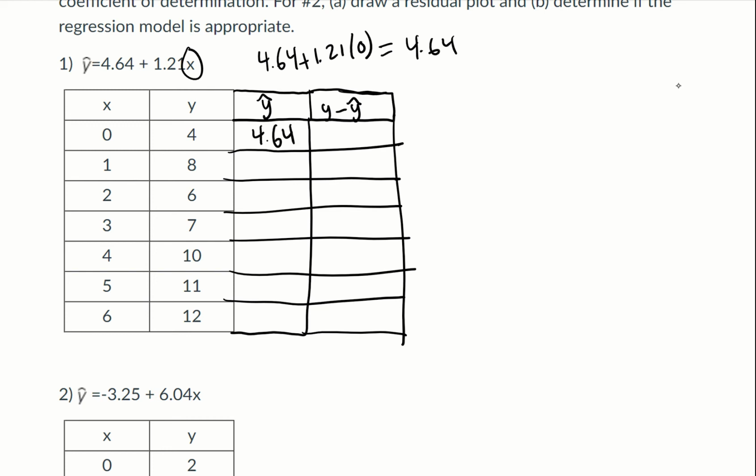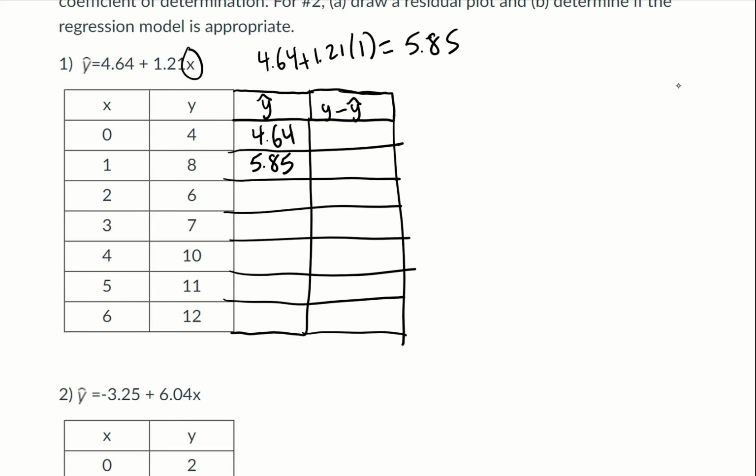Next, we're going to plug in 1, so we replace x with 1. We get 4.64 plus 1.21, which is 5.85, and so on. If we do the y minus y hats, we take the first y value minus this y hat value.